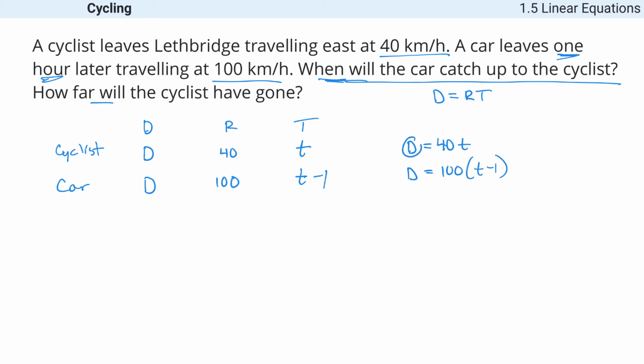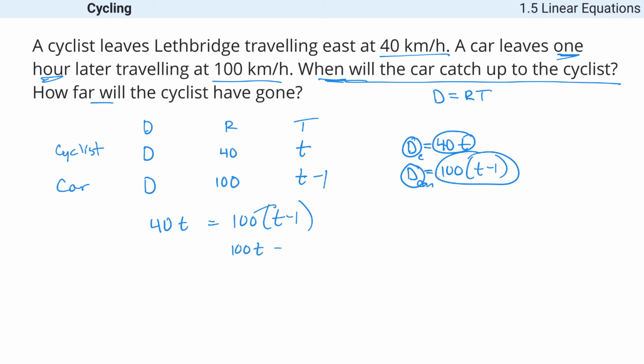But the distances for both of those are the same. So if the distance for the cyclist is the same as the distance for the car, then this must be equal to that. So I can write that as a linear equation, 100 times t minus 1, and solve for the time. I'll do that distributive property again.